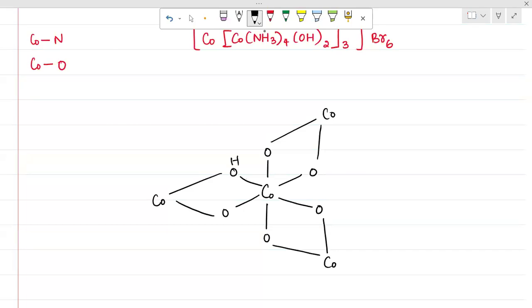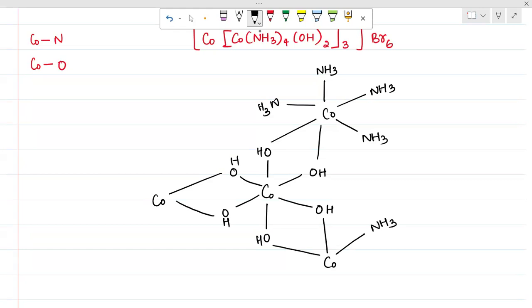So this is OH, OH. Now, these three surrounding cobalts, already attached to two hydroxyls, are attached to NH3s: 1, 2, 3, 4, 5, 6. So this is the structure of the complex inside the coordination sphere.